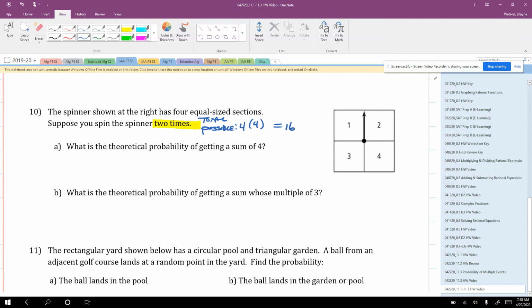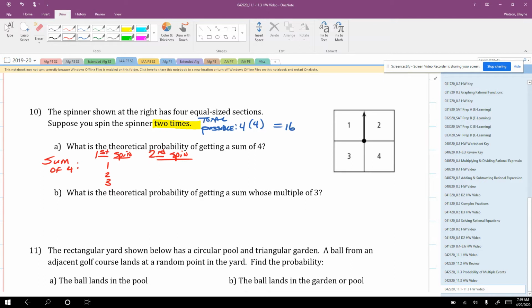What is the theoretical probability of getting a sum of 4? Now we need to figure out how many times we can get a sum of 4. In order to get a sum of 4, on our first spin we can get a 1, a 2, or a 3. Notice I'm not putting 4, because we're not going to get a sum of 4 if we spin a 4 on either of the spins.